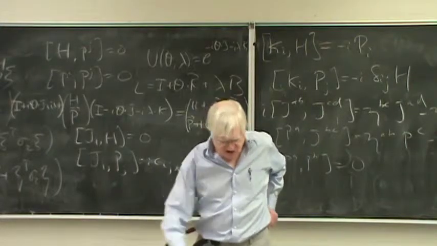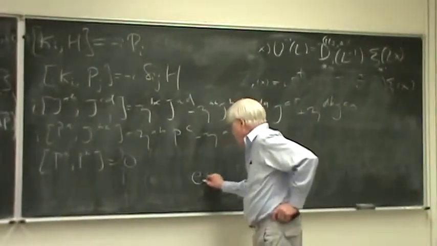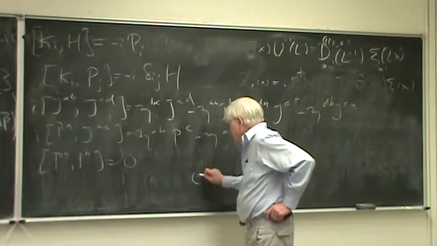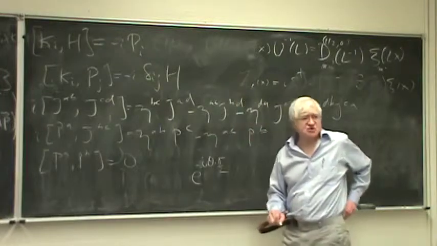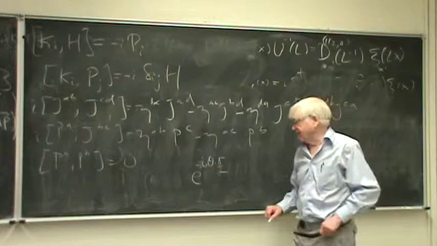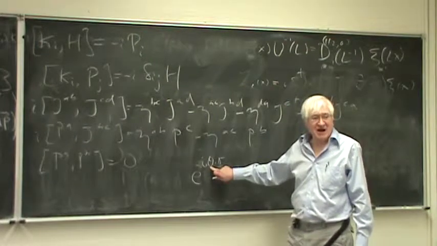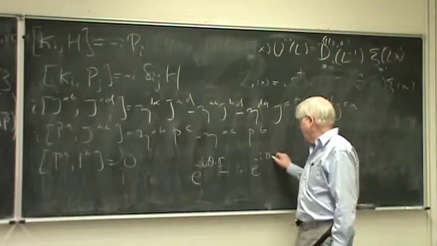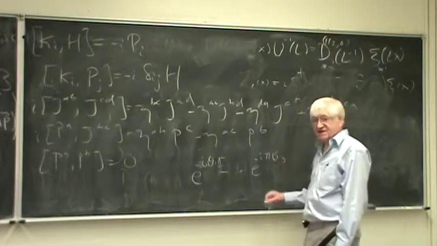Now, what this is showing, by the way, is that if you have e to the minus i theta dot sigma over 2, this is the rotation matrix for a spin 1/2 system. If you have an angle of 2 pi, then this is e to the minus i pi sigma 3, say.